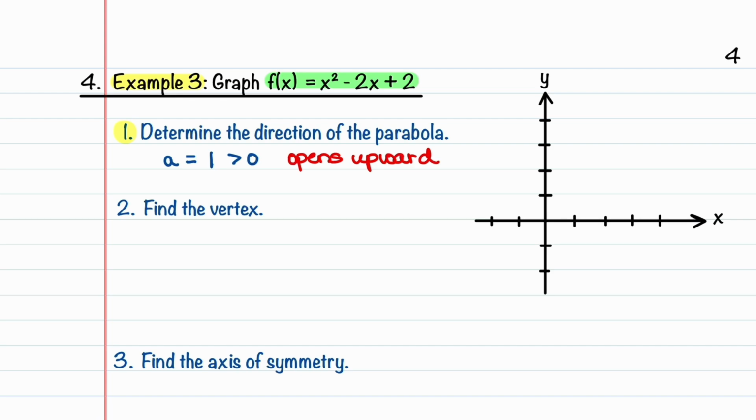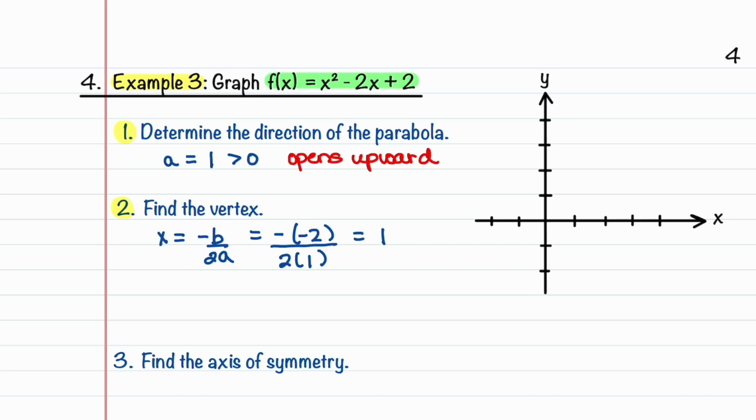Now let's go ahead and find the vertex. Our formula for the vertex is x is equal to minus b over 2a. Our b is a negative 2, so we have minus a negative 2, all divided by 2 times 1, and that's just 2 divided by 2, which is 1.